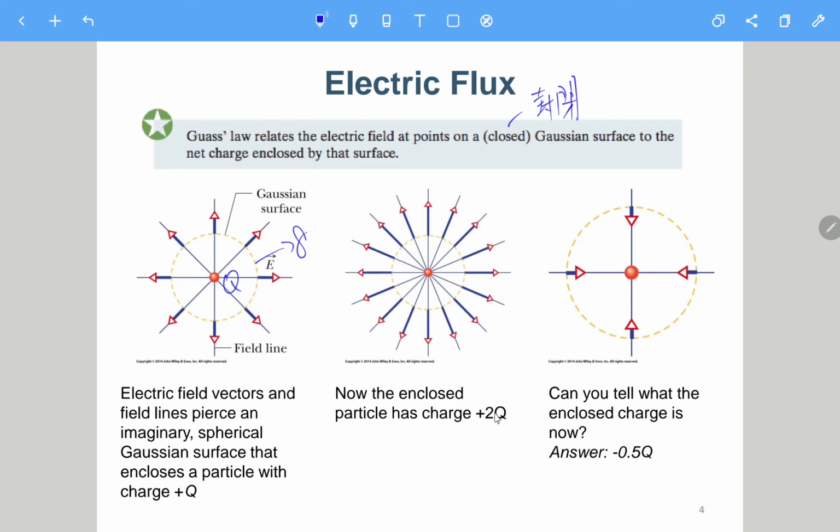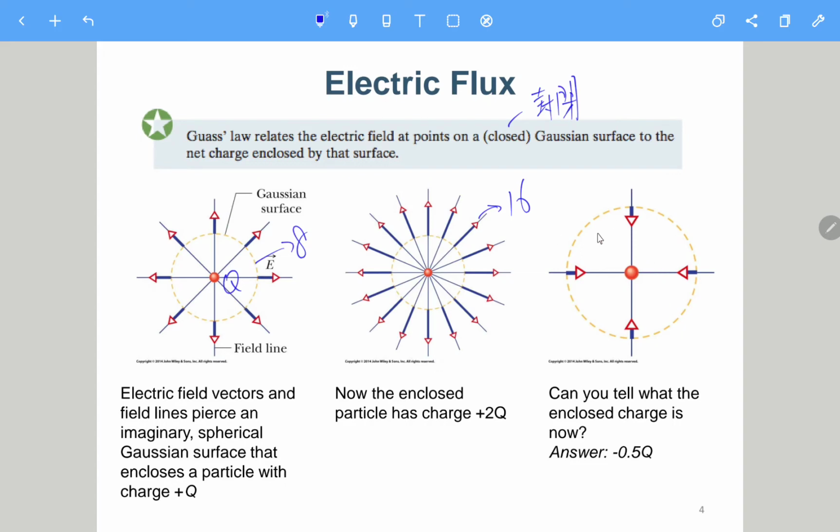Now suppose we have 2Q. If the charge is larger, then totally 16 lines. I didn't count one by one, but it should be 16 going through the same circle, the same sphere, the same Gaussian surface.